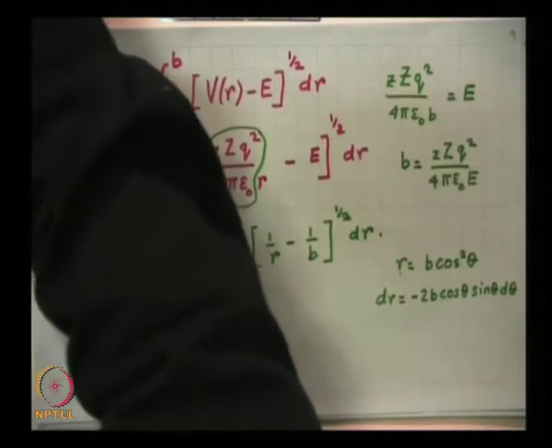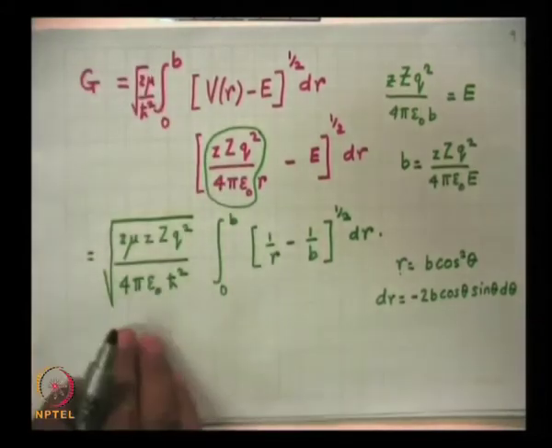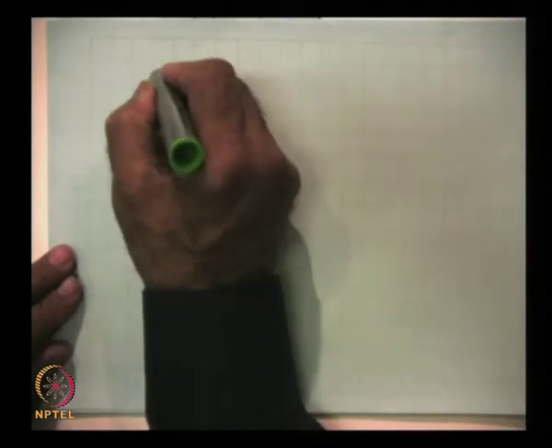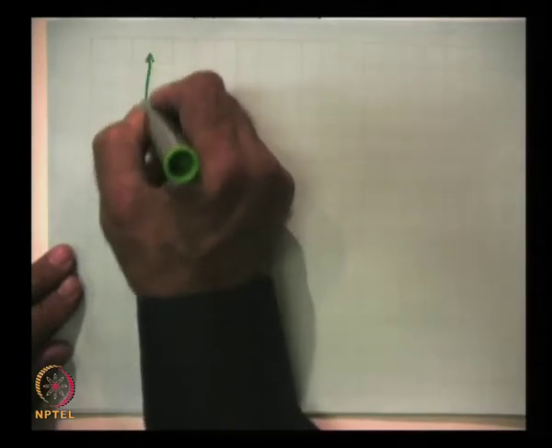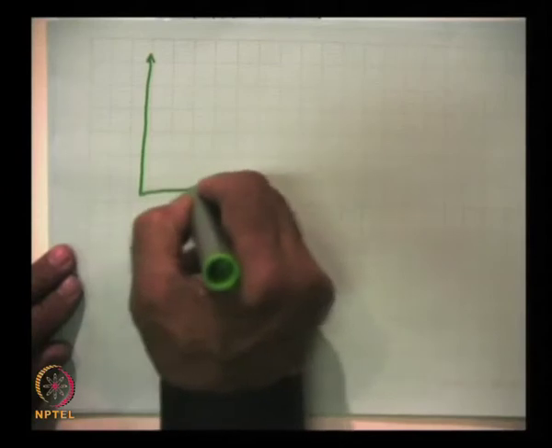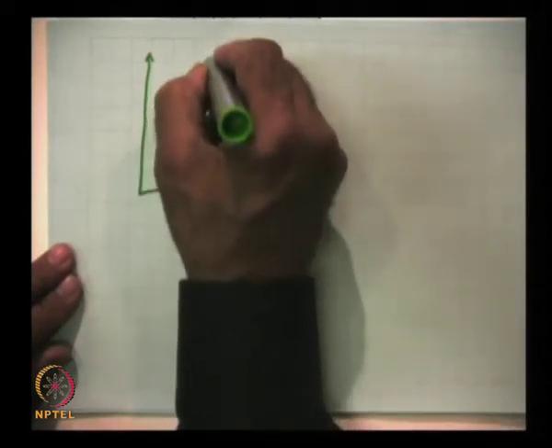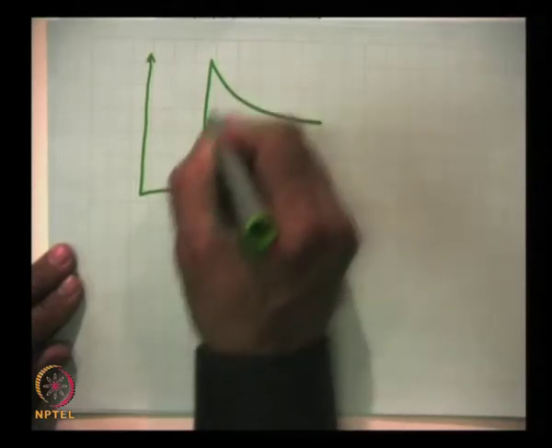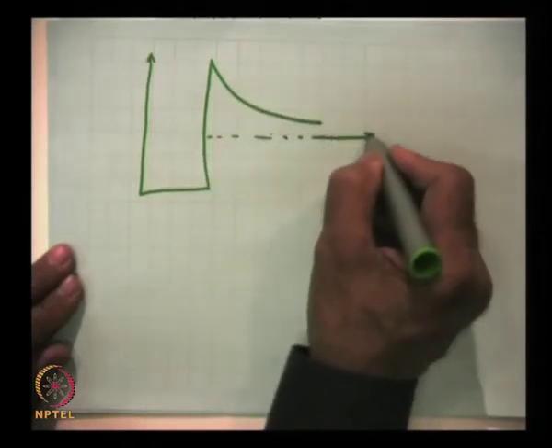You see, we had this potential energy function, something like this. This is the 0, this is r.